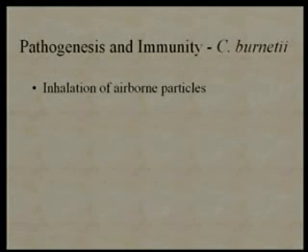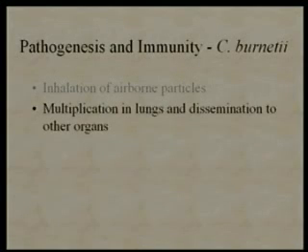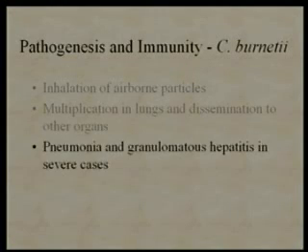And so it exists in the environment. If we disrupt and aerosolize it, or cause this material to get in the air, we inhale the particles, okay? So it's airborne transmission. And then it first multiplies in the lungs, and then starts disseminating to other organs. Where it particularly likes to disseminate is the liver, and you get granulomas.